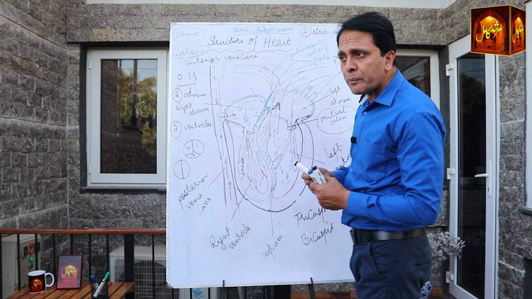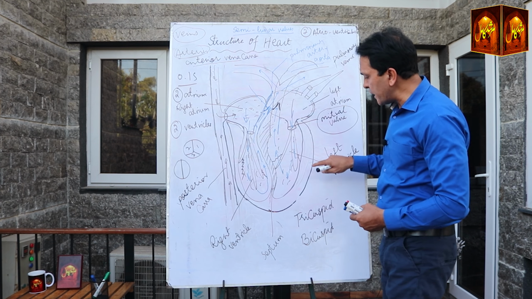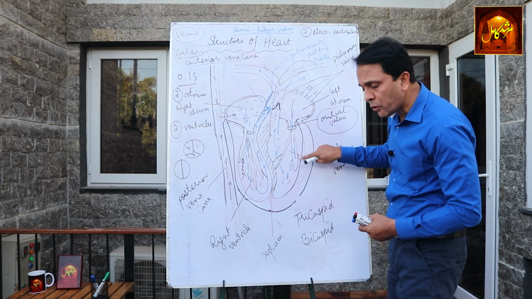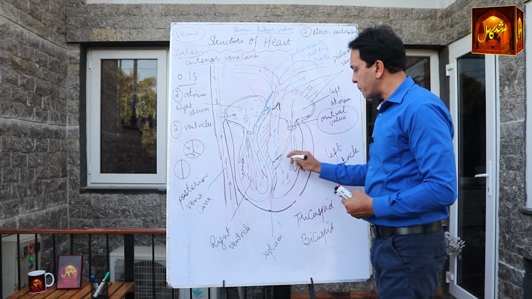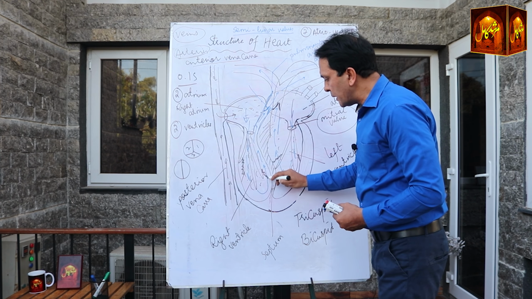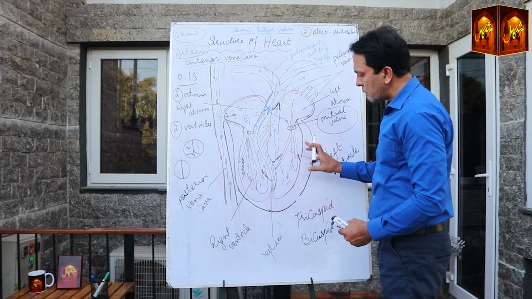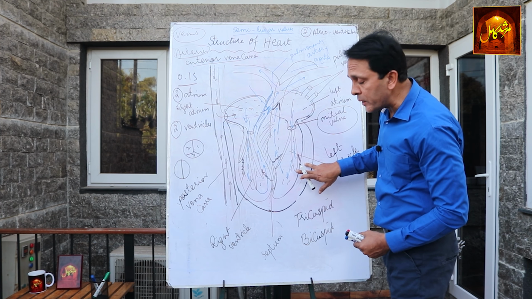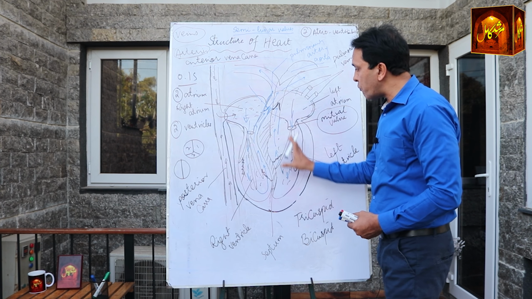These tendinous fibers are called chordae tendineae, which are attached to the papillary muscles of the heart. These chordae tendineae keep these flaps attached to the wall of the ventricle and do not let them flip back.